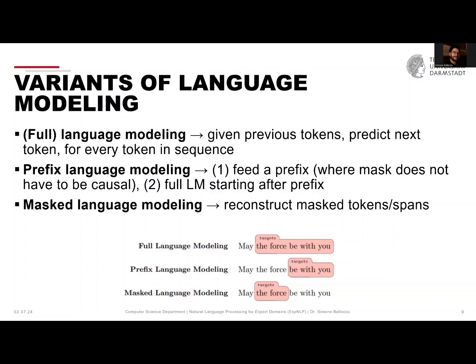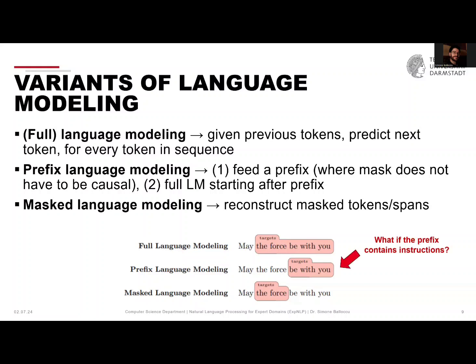We have prefix language modeling, where we feed a prefix whose mask does not have to be causal, and after the prefix we start the full language modeling. And finally, we have masked language modeling, which is when we reconstruct masked tokens or spans of tokens. And yes, you can see some examples in here.